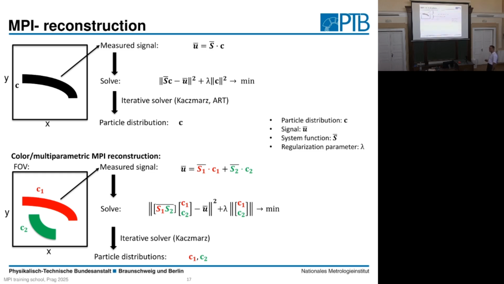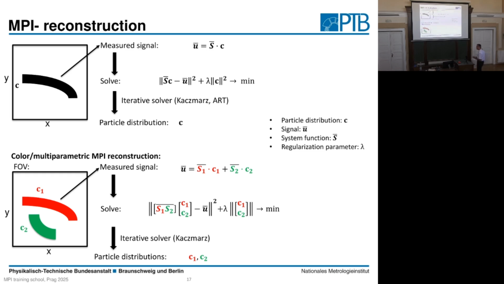Typically, we do this with an iterative solver like Kaczmarz, which is also known as algebraic reconstruction technique, but it's the same. It's only a different name. And then we get particles. But this is not the only thing that we can do. We can also use more than one. We can have 2 tracers or 1 tracer at different states.